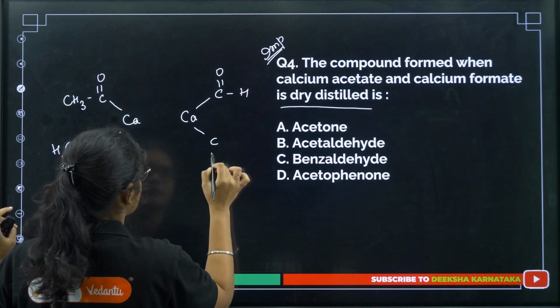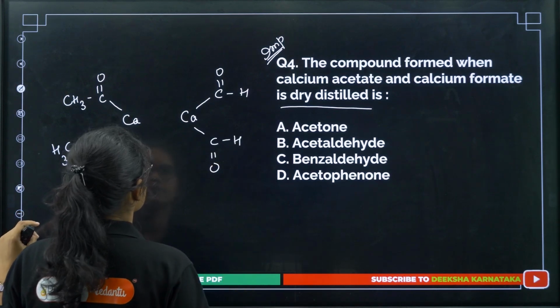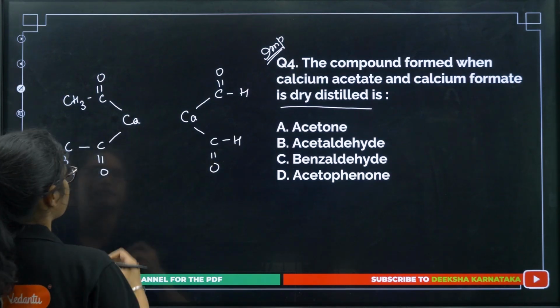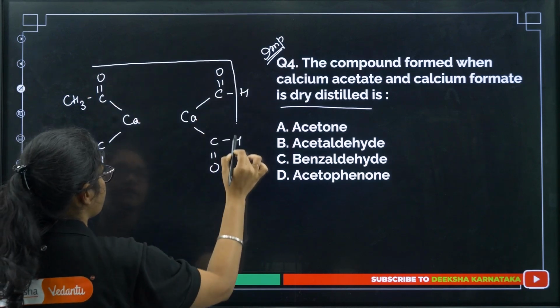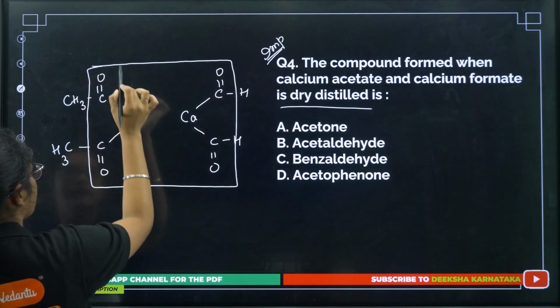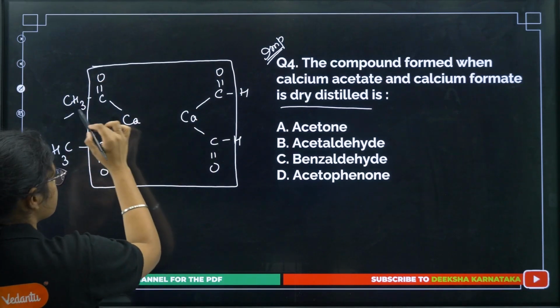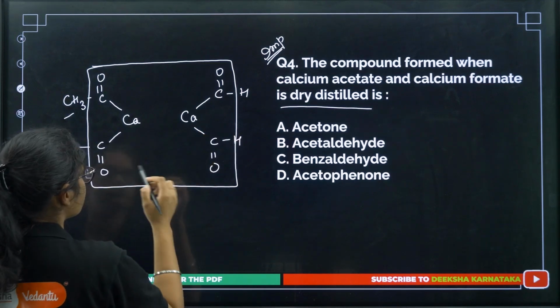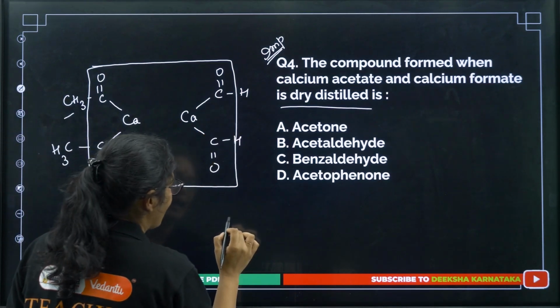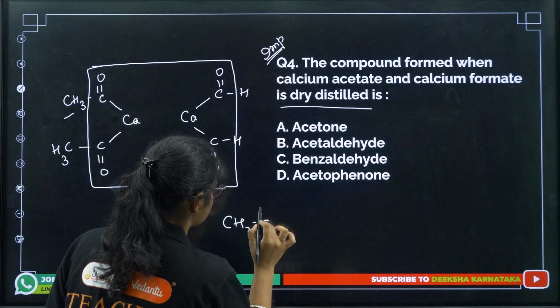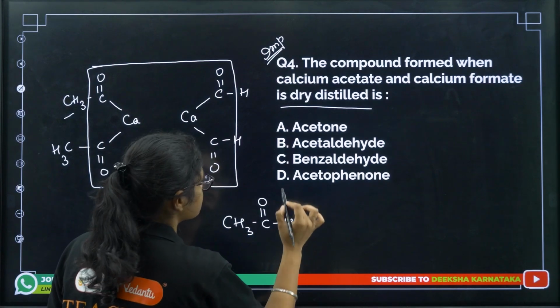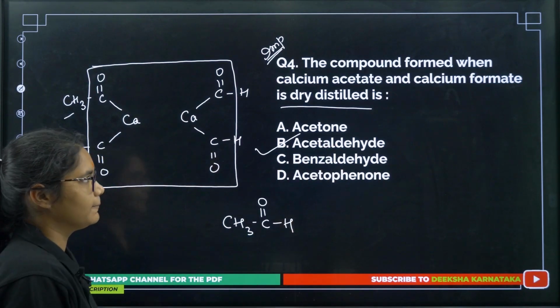When these two react, this part is eliminated, and like 2 carbons are there, so we'll get an aldehyde of 2 carbon, that is CH3CHO. So the correct answer is acetaldehyde.